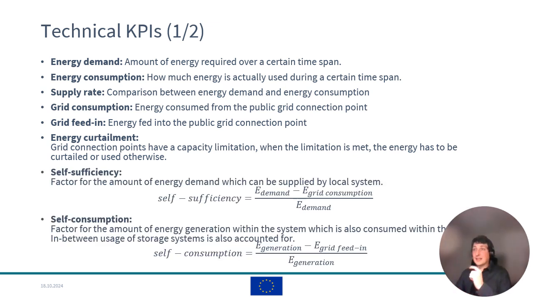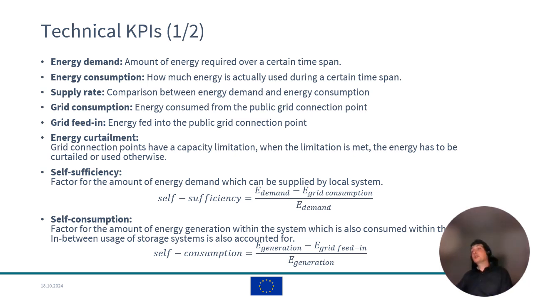And then there's self-sufficiency and self-consumption, also technical KPIs. So self-sufficiency is how much energy you are able to generate yourself on site. So 100% self-sufficiency is basically autarky, right?